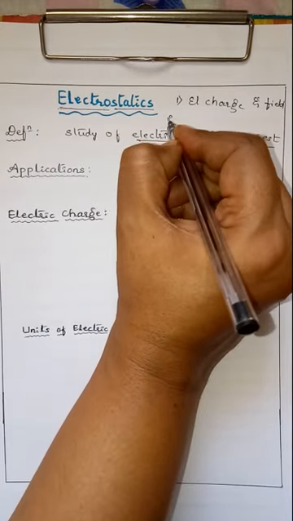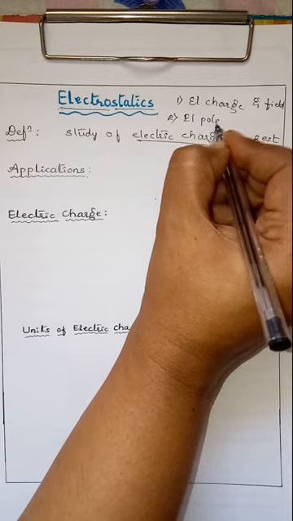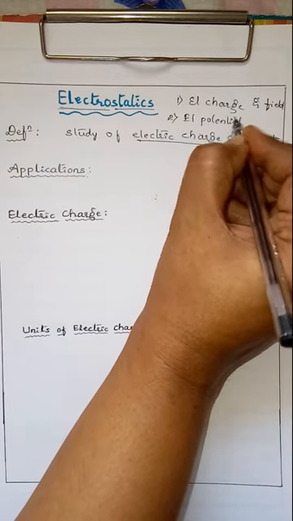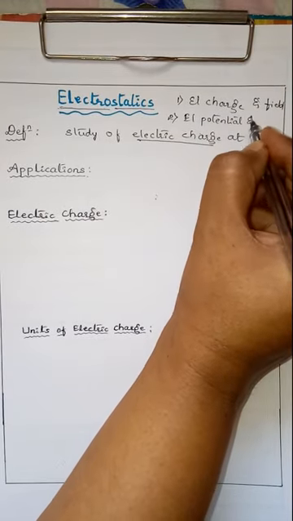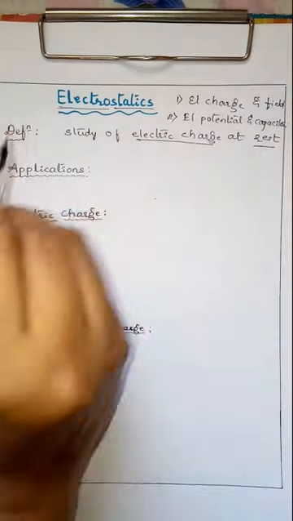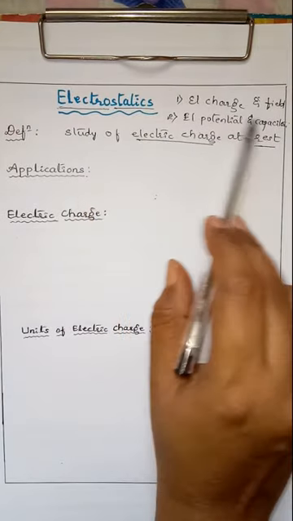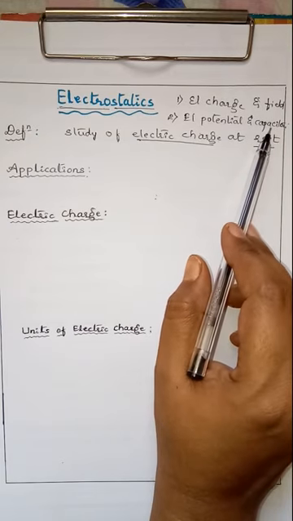Whereas in the second unit you are going to learn about electric potential and the capacitors. You can even divide it into two parts, electric potential separately, and capacitor as one more unit.